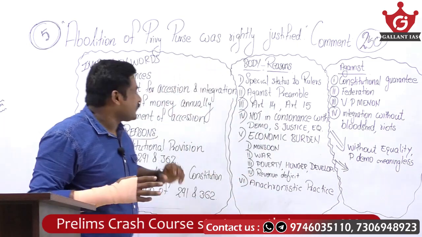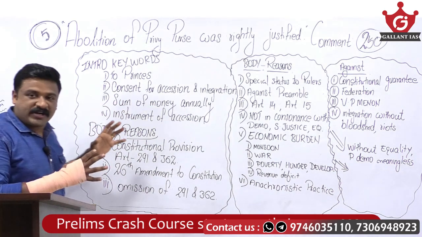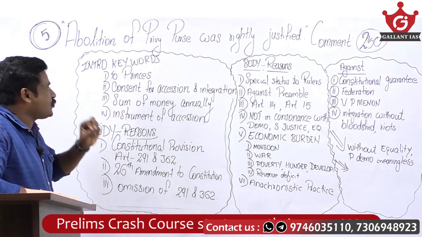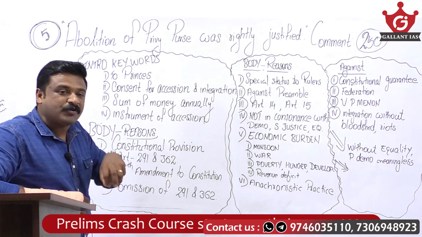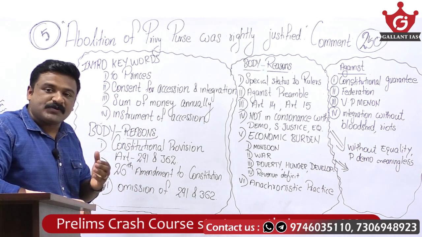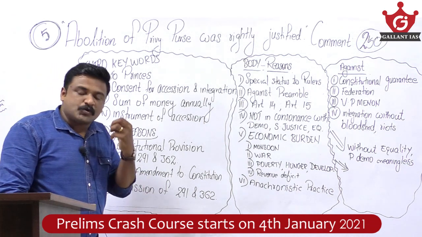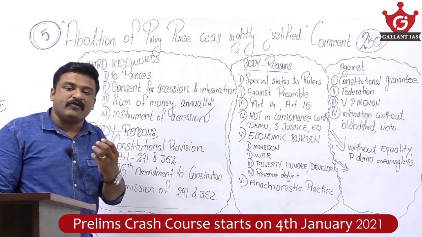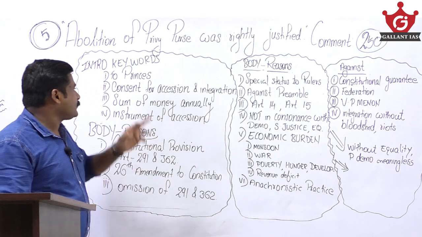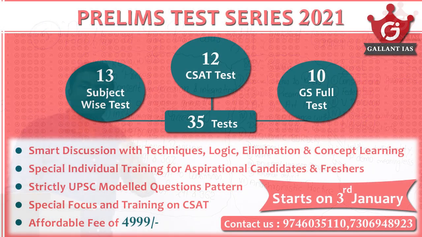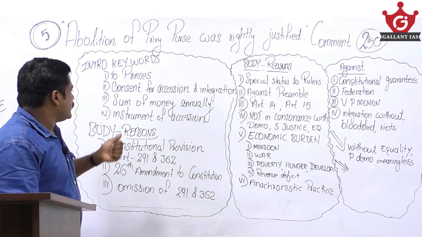Let's answer now. Coming to the intro keywords, what are the keywords you have to bring into the introduction? Yes, privy purse is an annual specified sum of money paid to the ruler, or to the princes of the princely states, in order to get their consent for accession and integration of that princely state into the Indian Union.